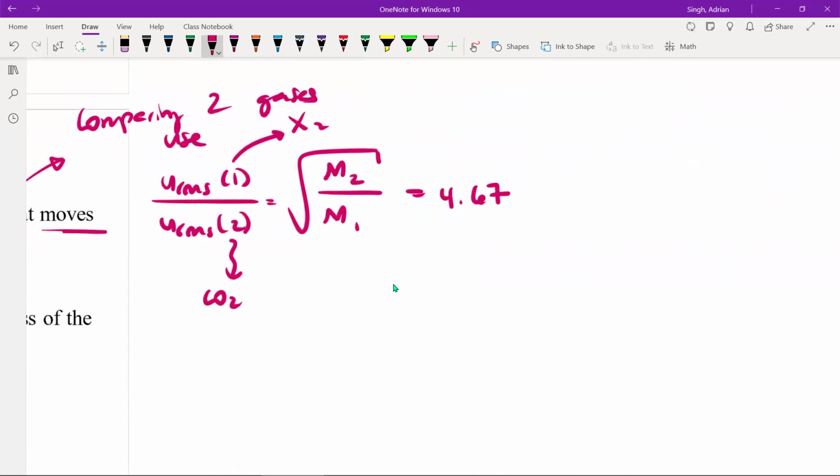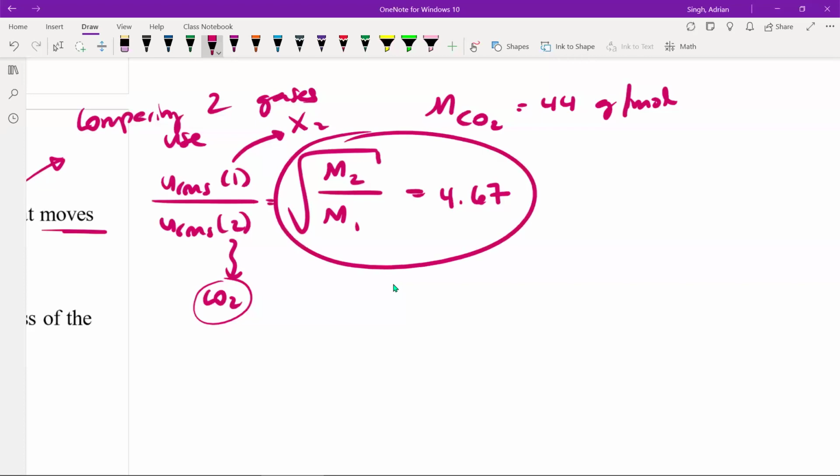We know the molar mass of CO2 is 16 times 2 is 32, plus 12 is 44 grams per mole. I'm not paying too much attention to sig figs right now, that's not the point of this, it's just to show you how to solve this problem. So we can substitute our values into this side of the equation.